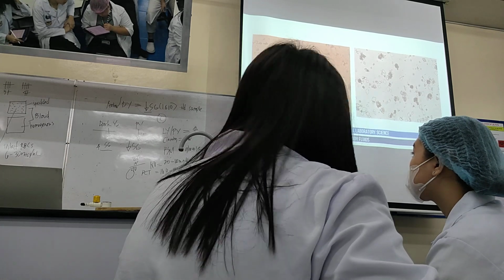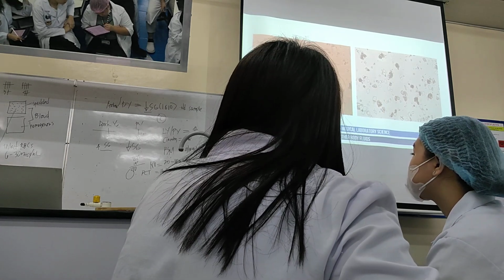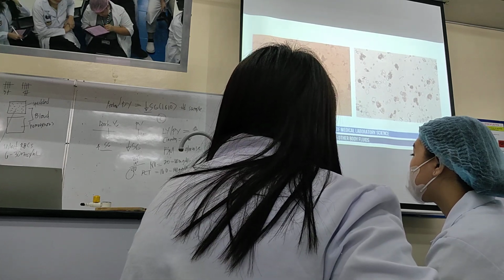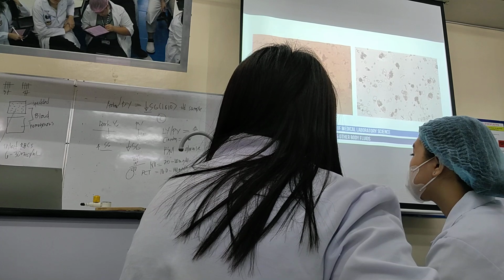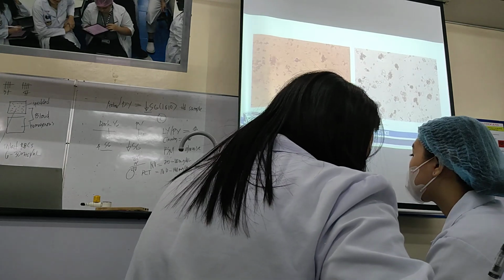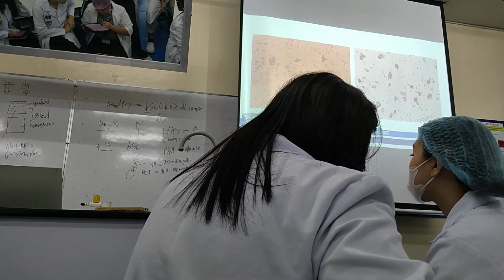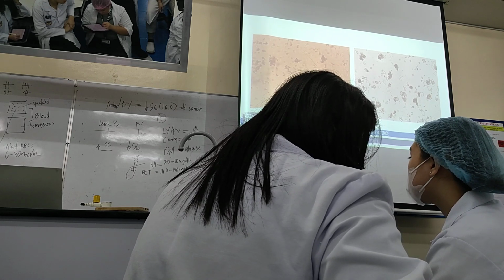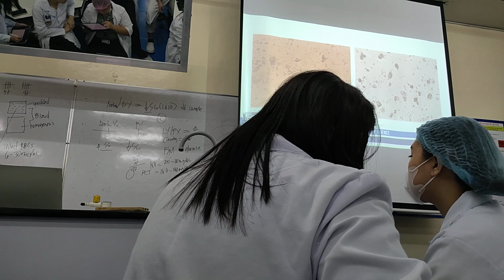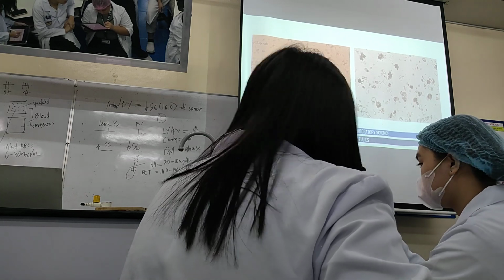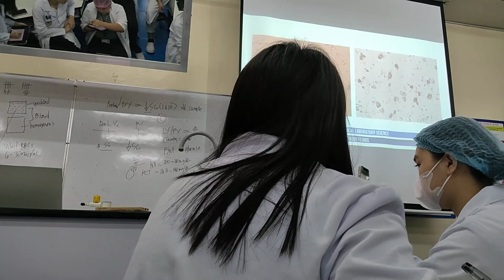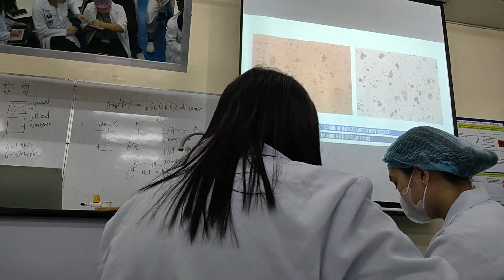So you cannot observe them. So what will you do? If amorphous urates are present, apply heat, warm the urine. But if amorphous phosphates are present, add dilute acetic acid, to dissolve the amorphous. Again, it interferes with your microscopic examination.